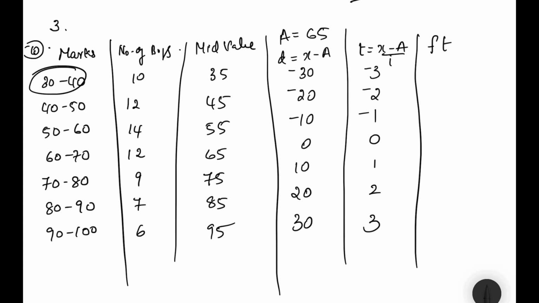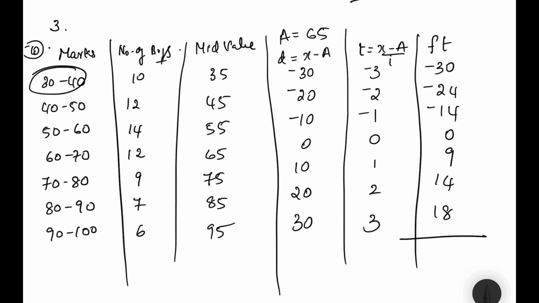Now what you need to find is ft. f into t: 10 into minus 3 is minus 30, minus 24, minus 14, 0, 9, 14, 18. Sigma ft, let's find out.